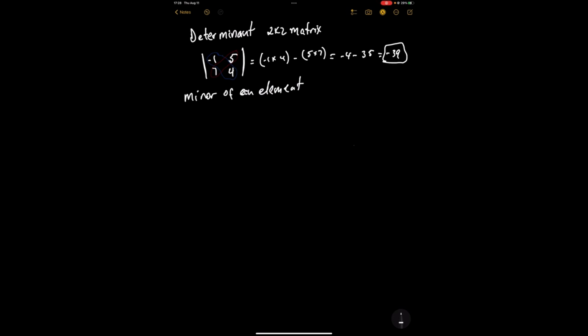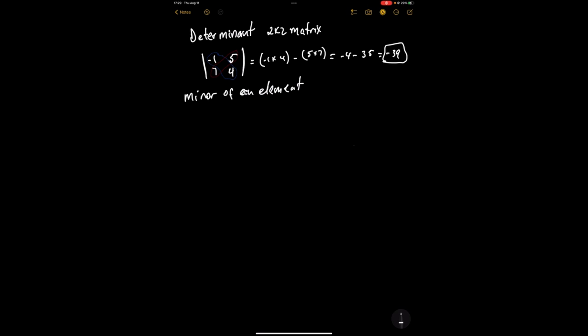So basically, the minor of an element in a 3 by 3 matrix determinant is the 2 by 2 matrix determinant that is obtained by eliminating the row and column that contain that element. That was a lot of wording. I'm gonna just break it down to make it as easy as possible.